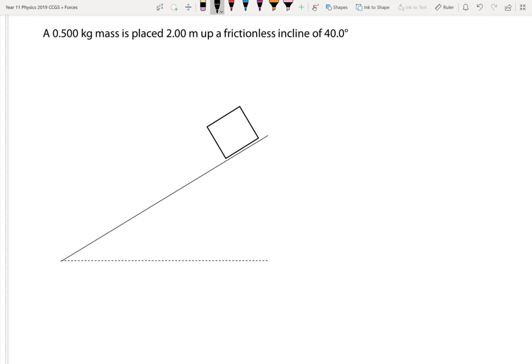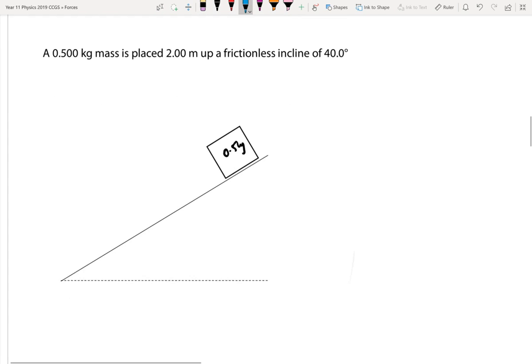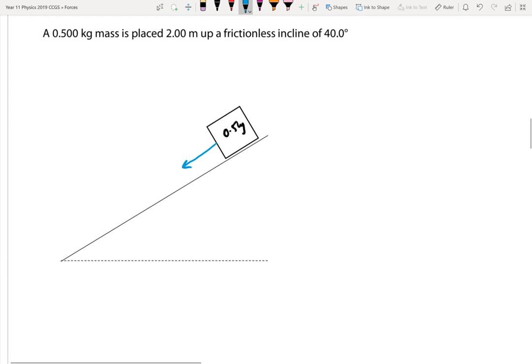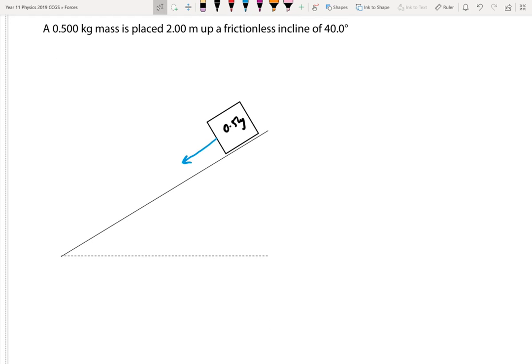Here is a mass, 0.5 kg. Where is this at? This is on the next page, page 8. Frictionless. Okay, so we're not going to draw a backwards arrow.